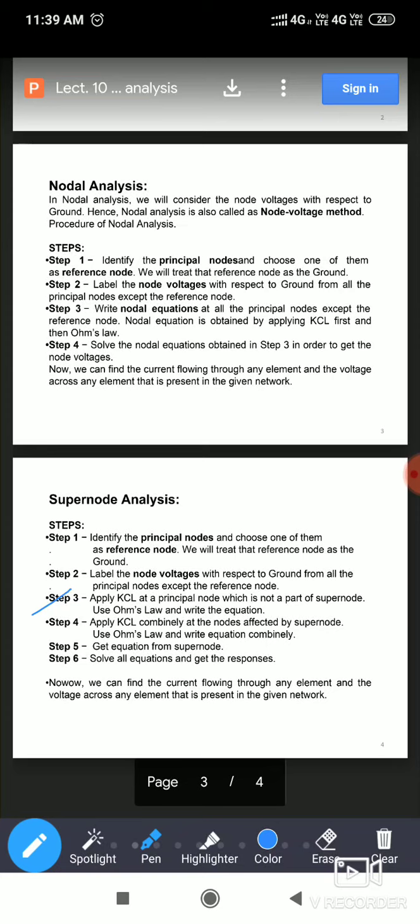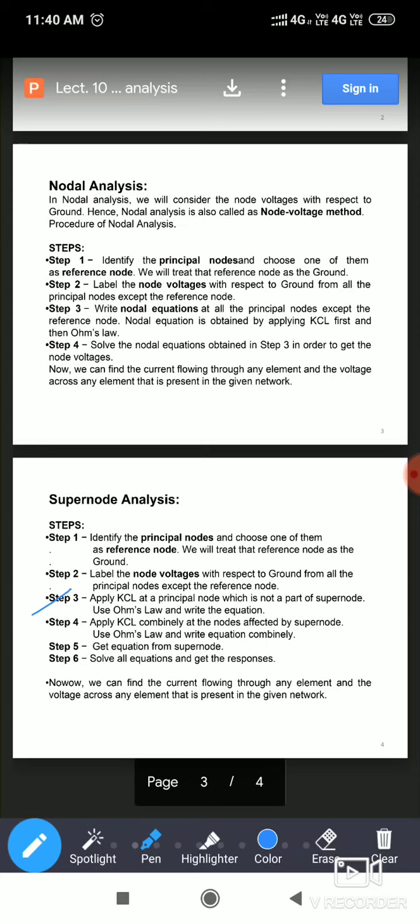In the previous example, how many nodes are there except the ground node? 3: V1, V2, V3. So where do we get difficulty applying KCL? At V2 and V3. Do you understand? There is no problem applying KCL at V1. Any problem applying KCL at V1? No. So this is the third point.